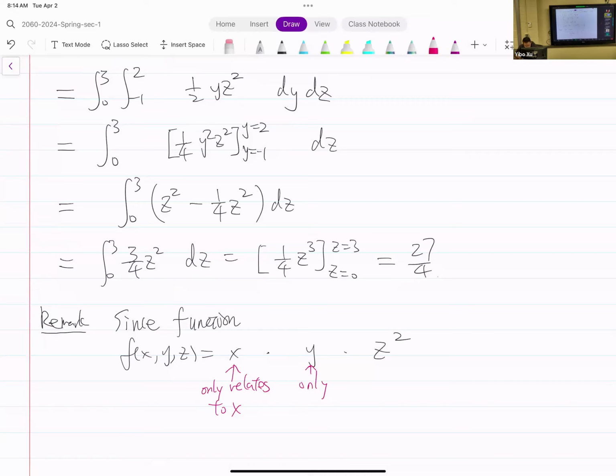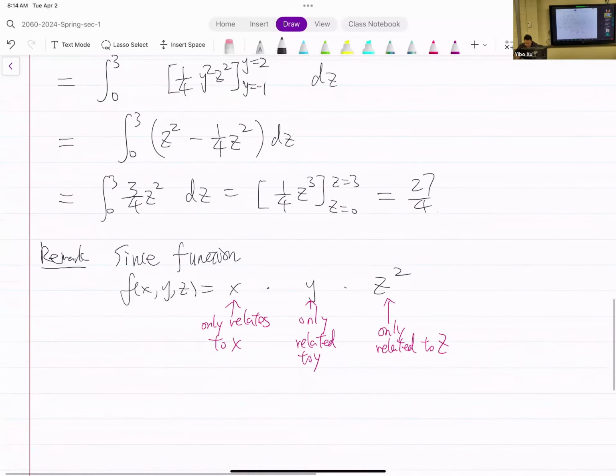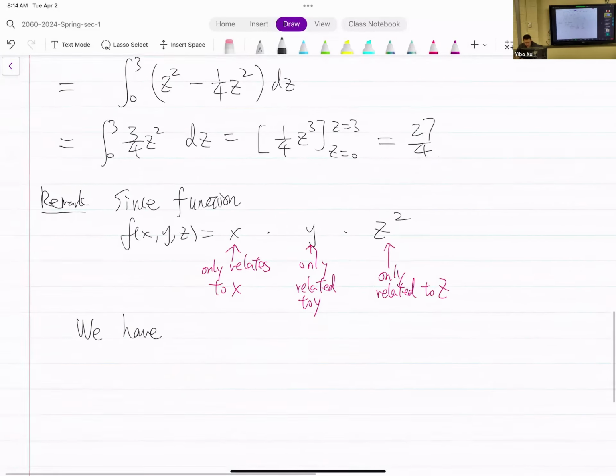Only related to y. And finally, that z squared is multiplied on top of xy, right? So this is only related to z, right? So here we can just utilize the same result from double integrals over boxes.